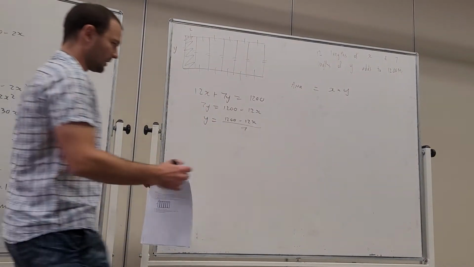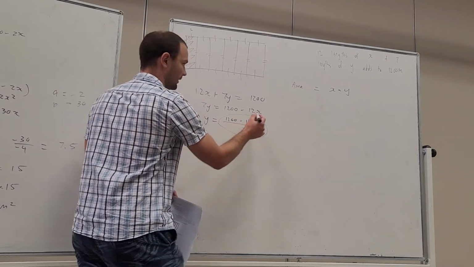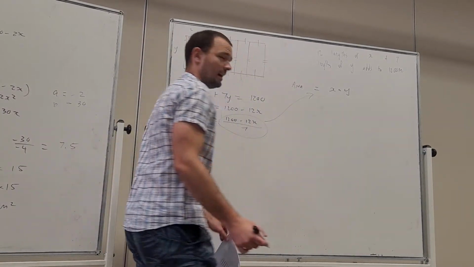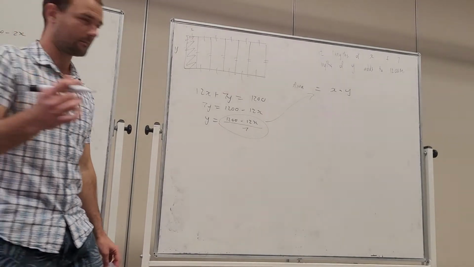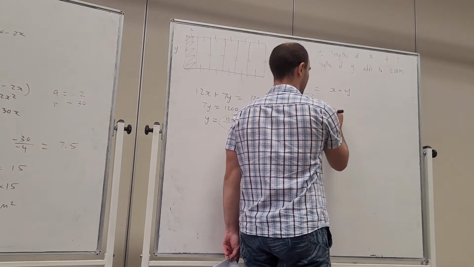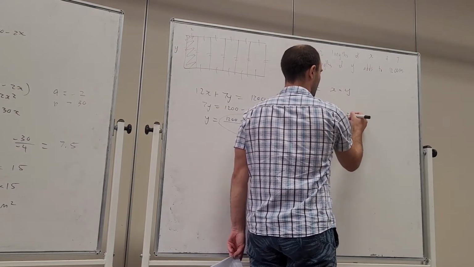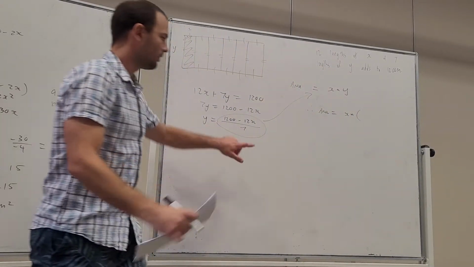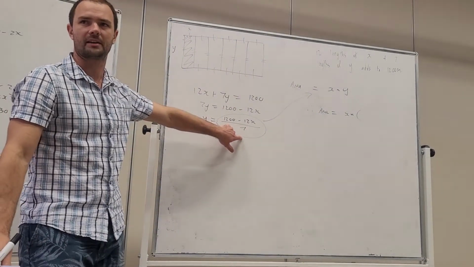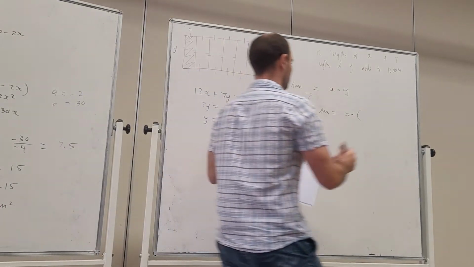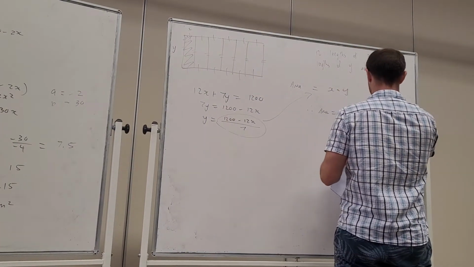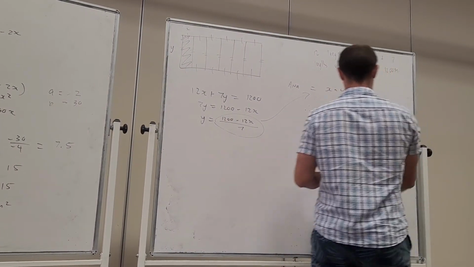Now what we're going to do is take this y, and substitute it into our area formula. Area is x times y, therefore the area is going to be x times this whole thing. We've got an expression for y. Alright, 1200, take 12x, on top of 7.